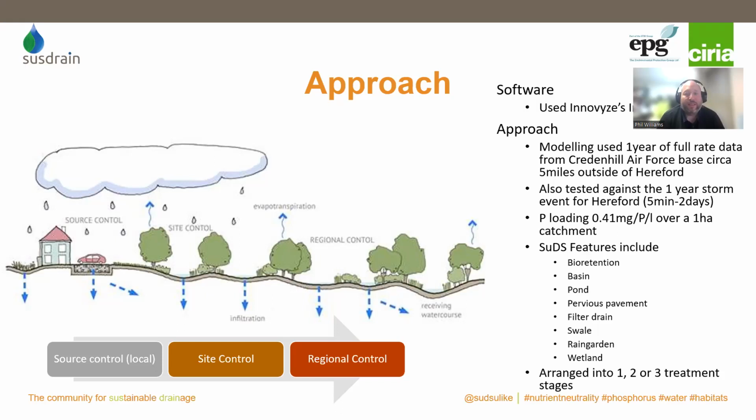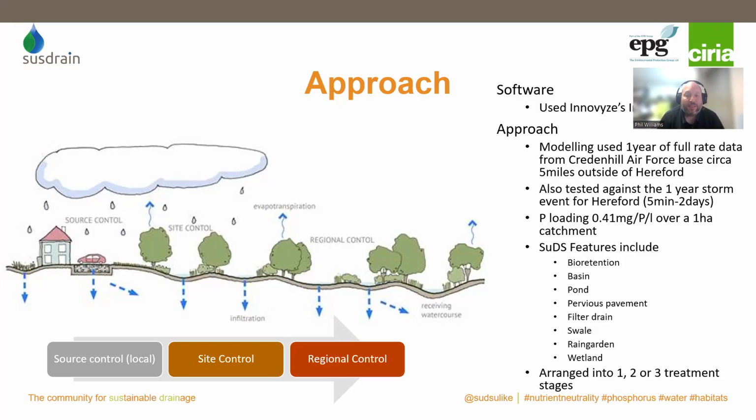We used the InfoDrainage model. We modeled two versions of the site. The first one was with the 1 year storm event, where the storm duration lasted between 5 minutes and 2 days.